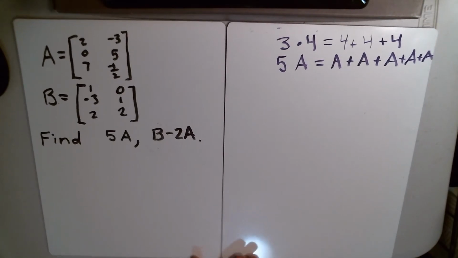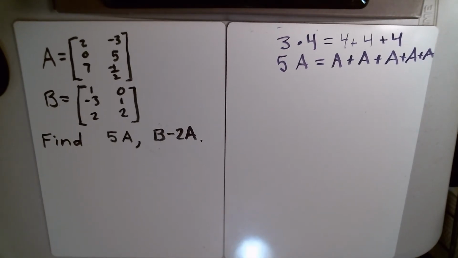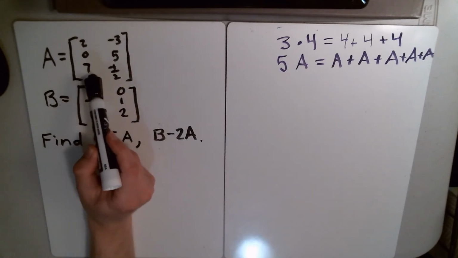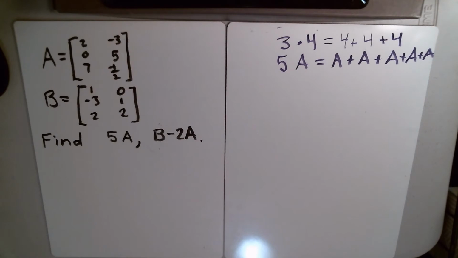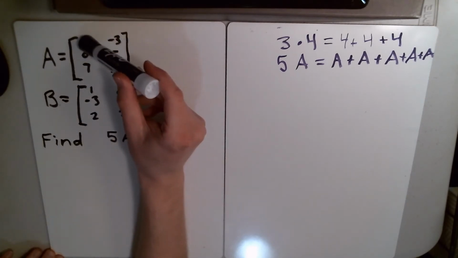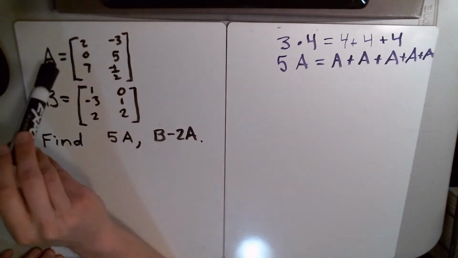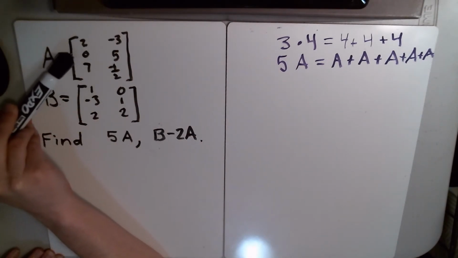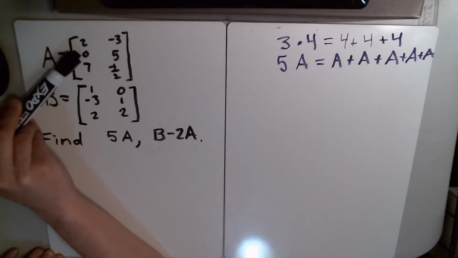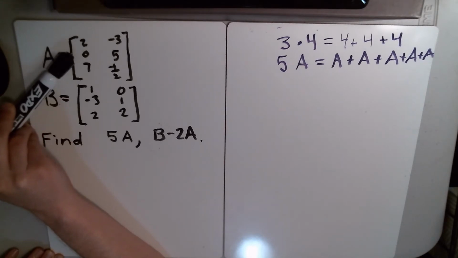Now, there's actually a much simpler way of doing this. If you add A to itself, the first entry starts out as 2. Then when you add A again, you get 4. Add A again, you get 6.